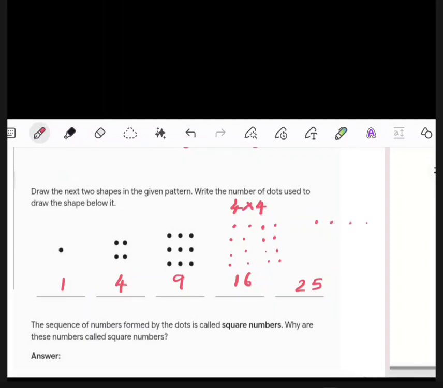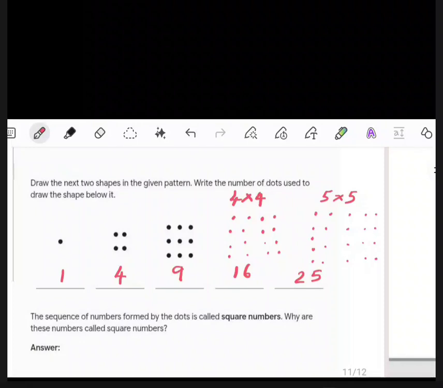1, 2, 3, 4, 5. Here also 1 over here. 2, 3, 4, 5. Then we can fill it with 5 dots. See? Now we get the perfect square 5 into 5, that is 25. The sequence of numbers formed by the dots is called square numbers.